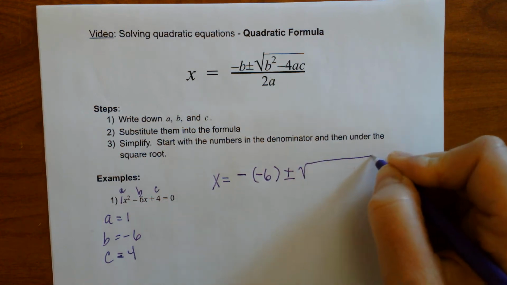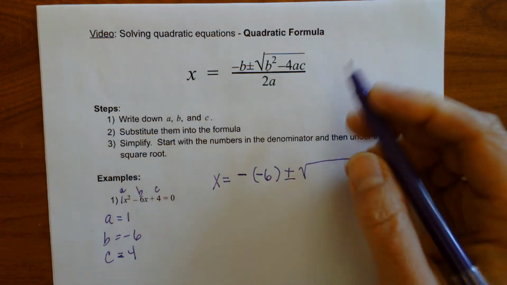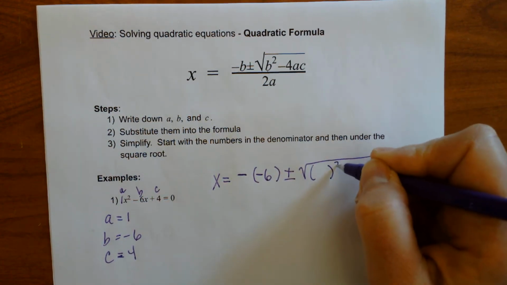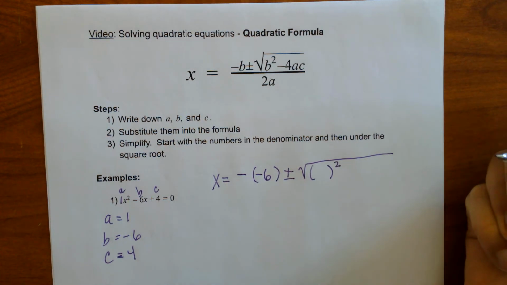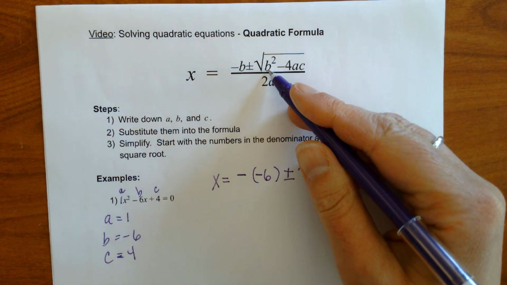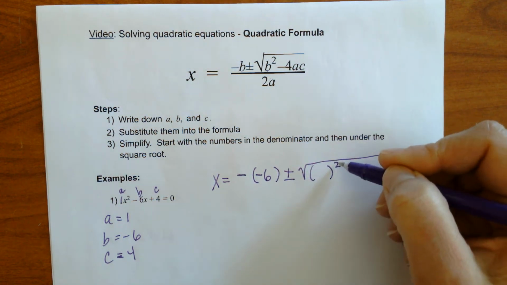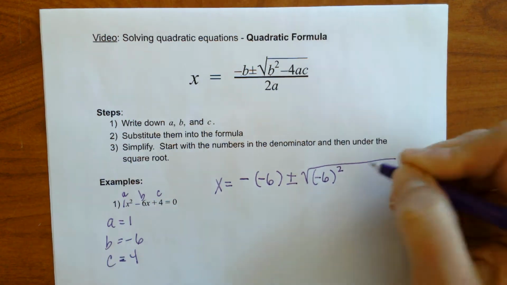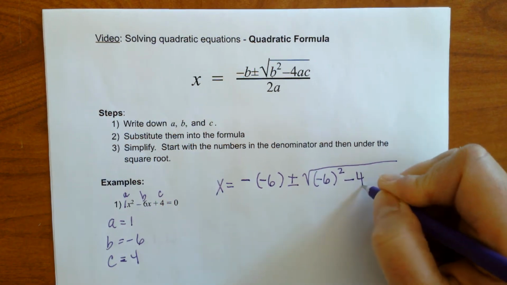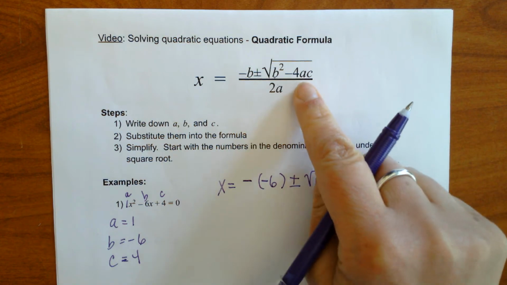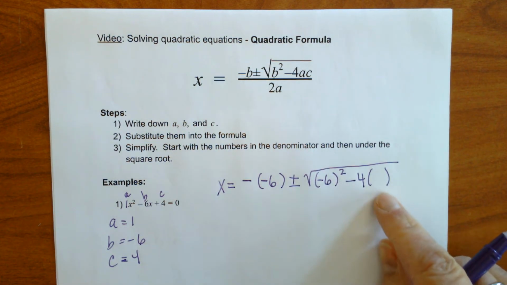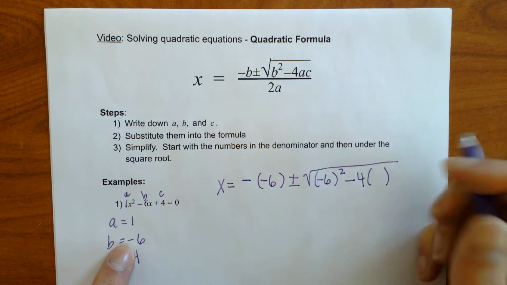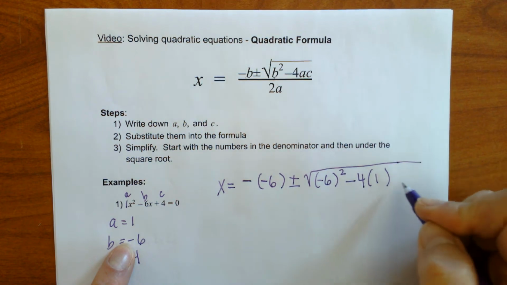Plus or minus the square root. Again, instead of the letter, I'm just going to write down parentheses and square it. Instead of writing the b, I wrote parentheses and then a little square. I'm going to put the b in, negative 6. Minus 4 times, okay, instead of the a, notice what I did. I put parentheses in, and I'm going to put the a in the parentheses.